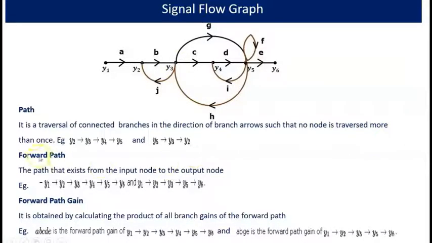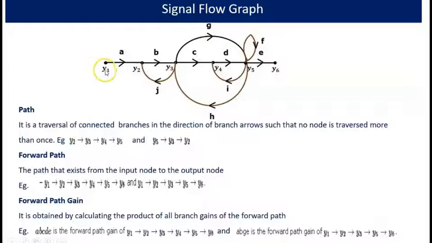No node is traversed more than once. A path is the traversal of connected branches in the direction of branch arrows such that no node is traversed more than once. So remember this condition: no node is traversed more than once.